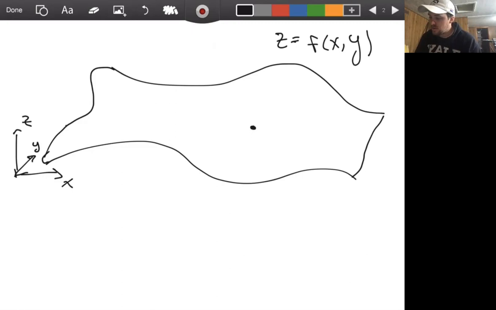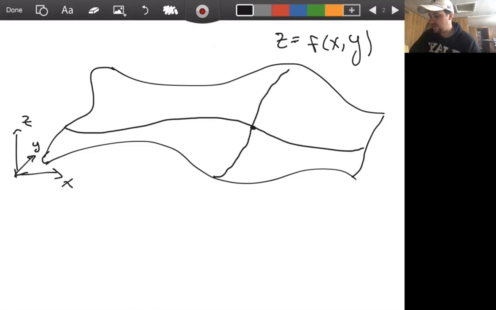So if we hold y constant and vary x through this point, we get like a curve through here. And we could do the same thing and hold x constant and then take a curve through this y value, something like this, right?